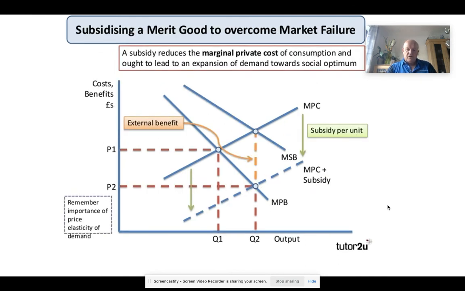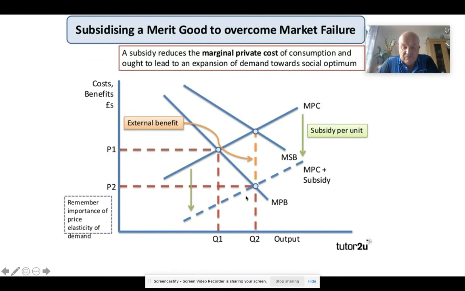If we then look at how you might subsidise a merit good to overcome market failure, in this instance what we're trying to do is to say that the external benefit of this particular good or service is significantly higher, and so what we're doing here is encouraging, as the marginal private cost has been significantly reduced by the subsidy to a much lower level.